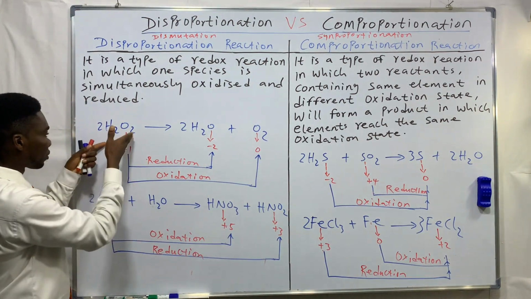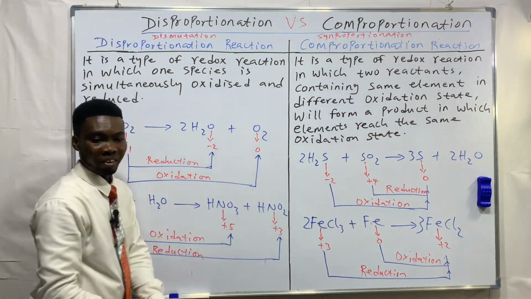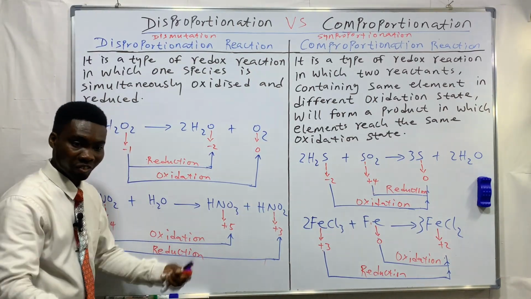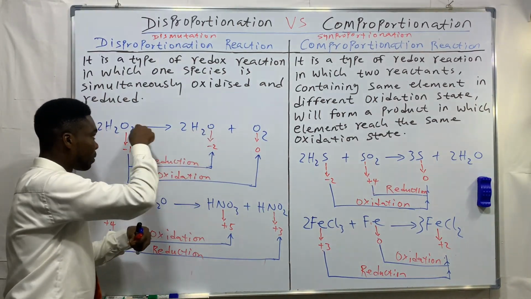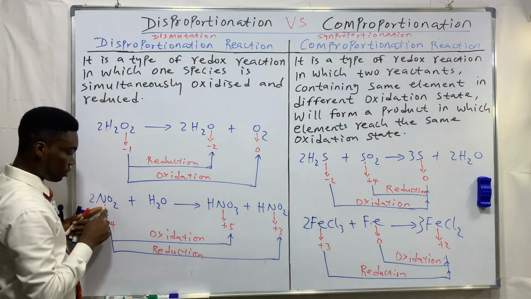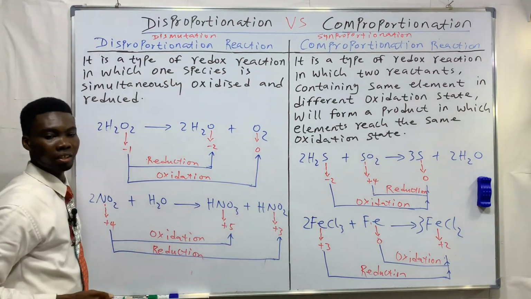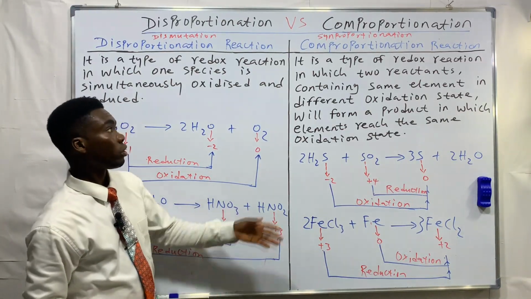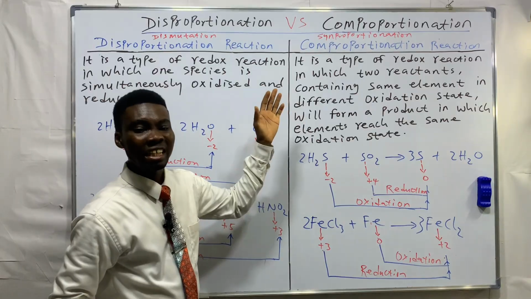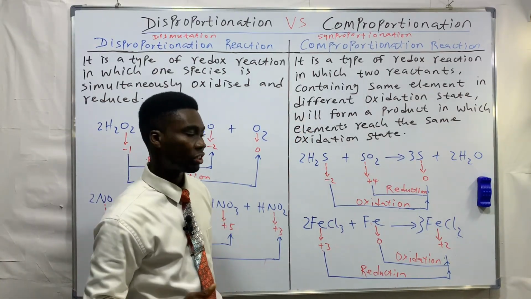What's the same element here? Oxygen. The same thing here, nitrogen. Good. But for the coproportionation reaction, it results in a product with an intermediate oxidation state.